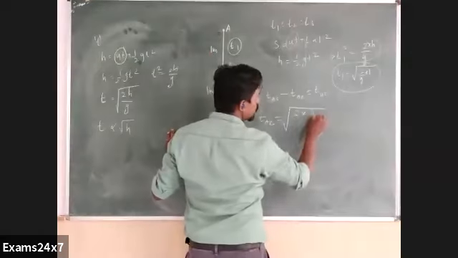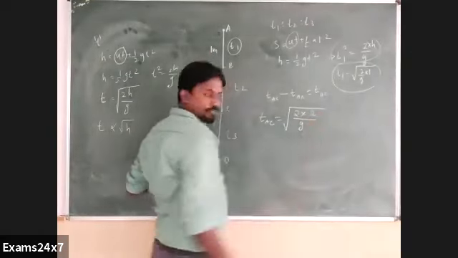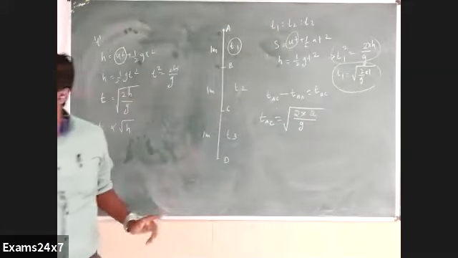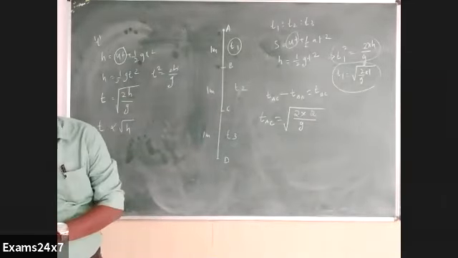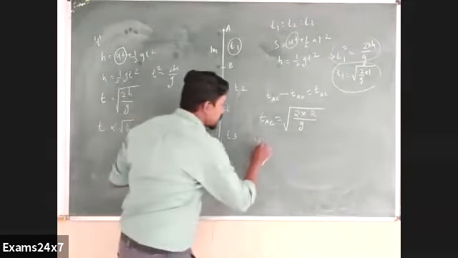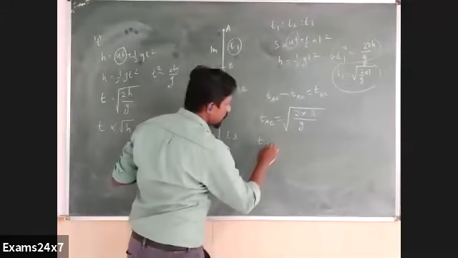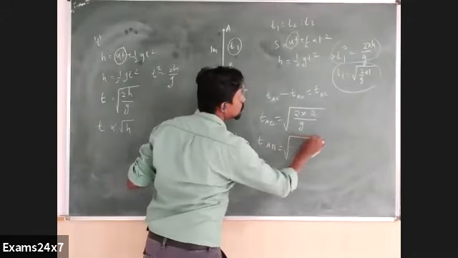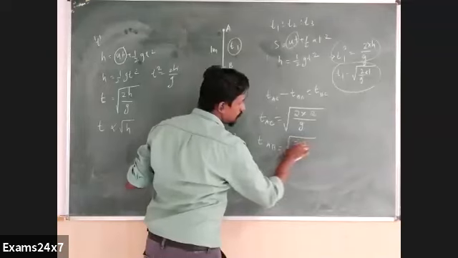And the time taken to travel from A to B is root of 2 into 1 by g.